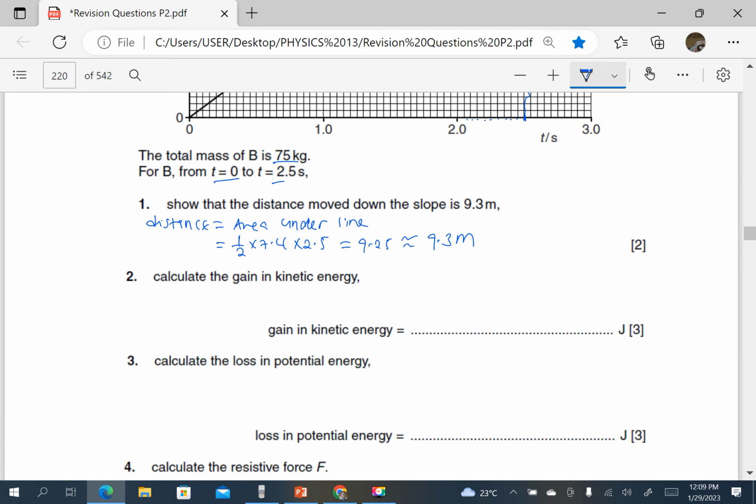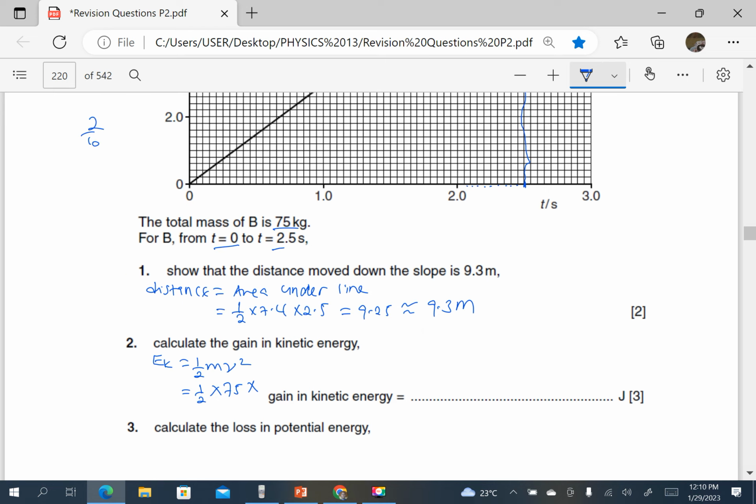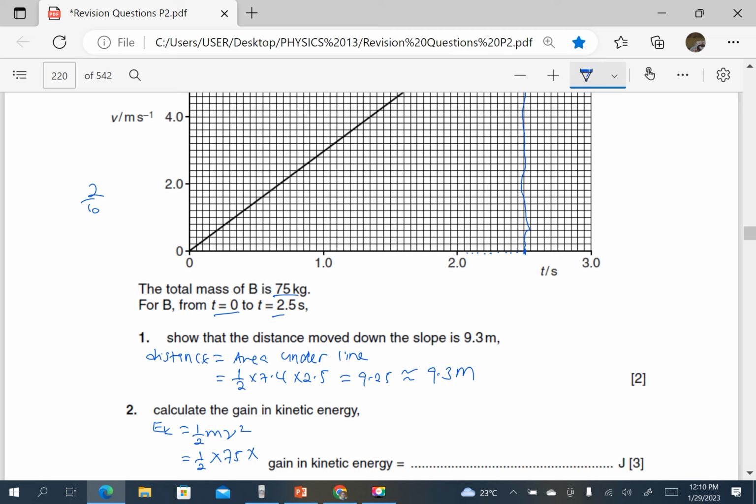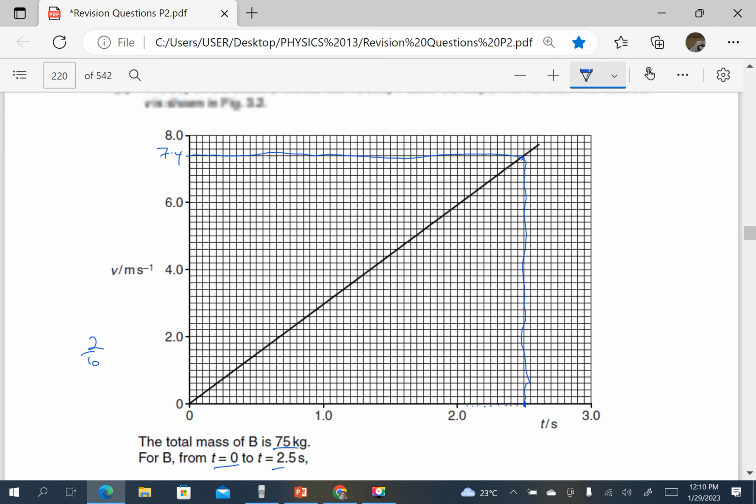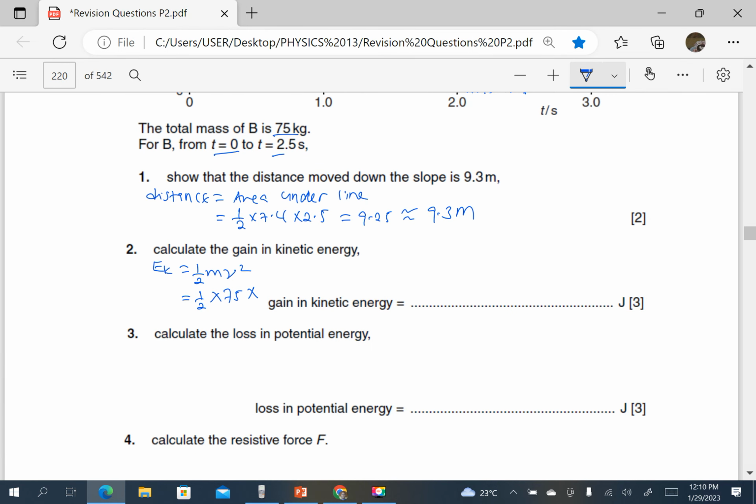Calculate the gain in kinetic energy. Gain in kinetic energy. So we know kinetic energy is equal to a half m v squared. So this is going to be equal to a half times the mass, I think, is 75, times the speed. The speed at 2.5 is 7.4, so this is going to be 7.4 squared.